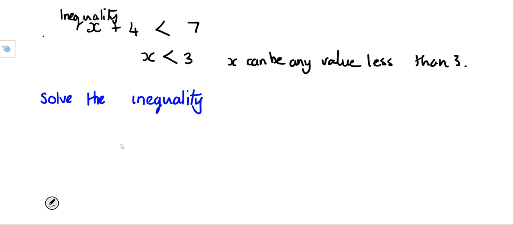Should we say 2x minus 5 equals 9? That's not an inequality because I put an equals. I'm going to put this. Oh, so it's greater than. So I'm saying solve the inequality: 2x minus 5 is greater than 9.